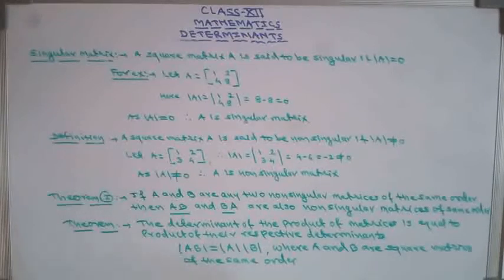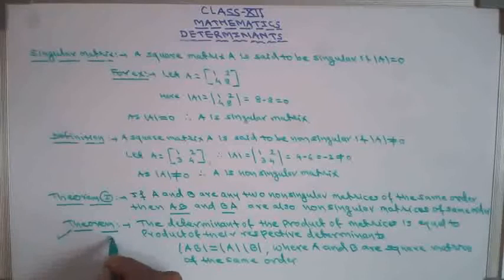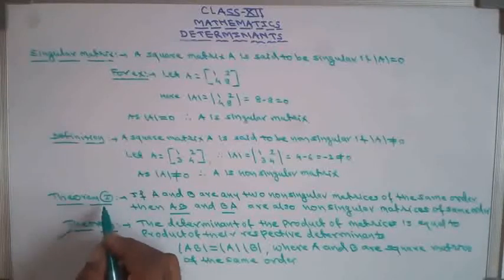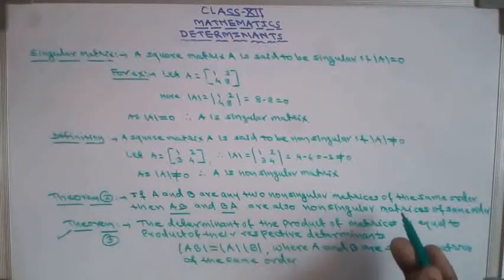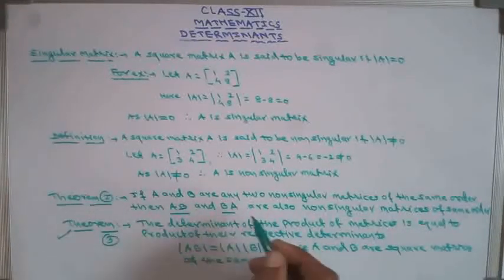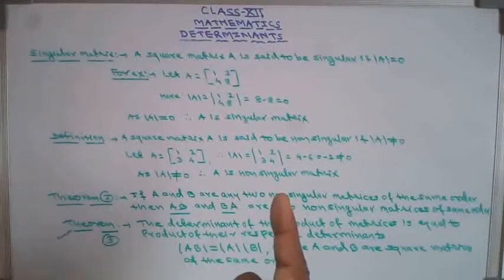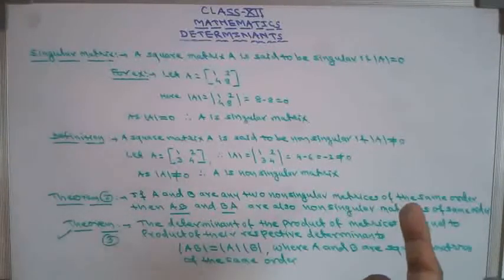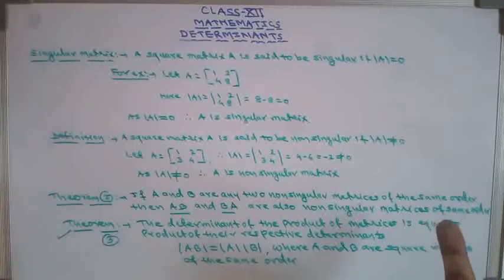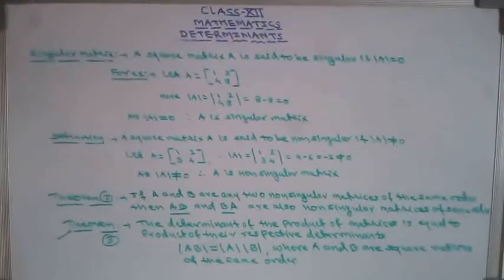So remember, students, that if A and B are square matrices of the same order, then the determinant of AB can be written as determinant of A into determinant of B. This is theorem number 3. Theorem number 2 was: if A and B are any two non-singular matrices, then AB is also non-singular and BA is also non-singular. And in the first theorem we studied that A into adjoint of A is equal to adjoint of A into A, which is equal to determinant of A into I. So these are 3 theorems.